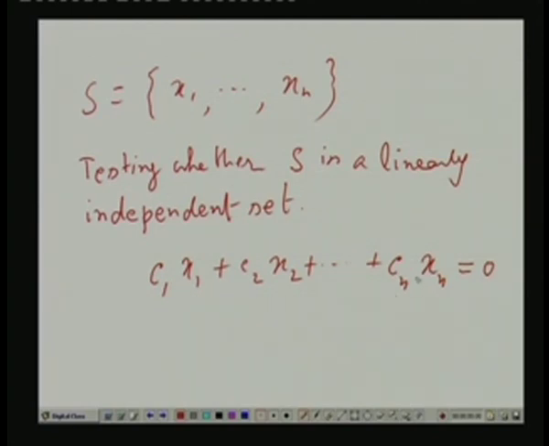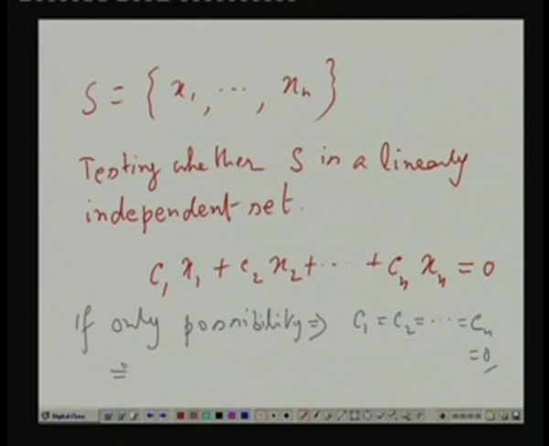Suppose it is not. I first make a claim and then I verify it. Suppose the only possibility is all coefficients zero, then S is linearly independent.